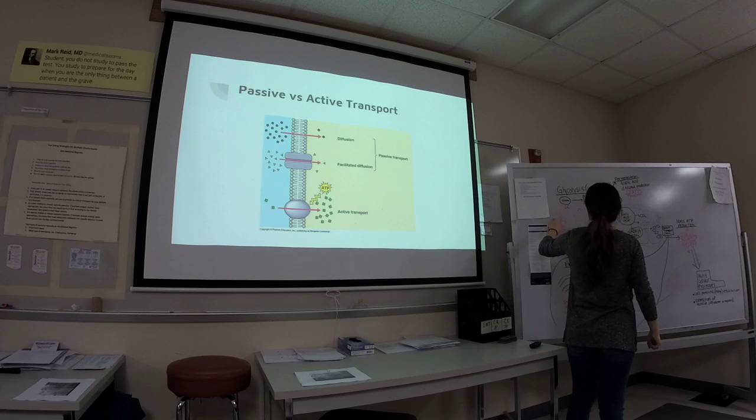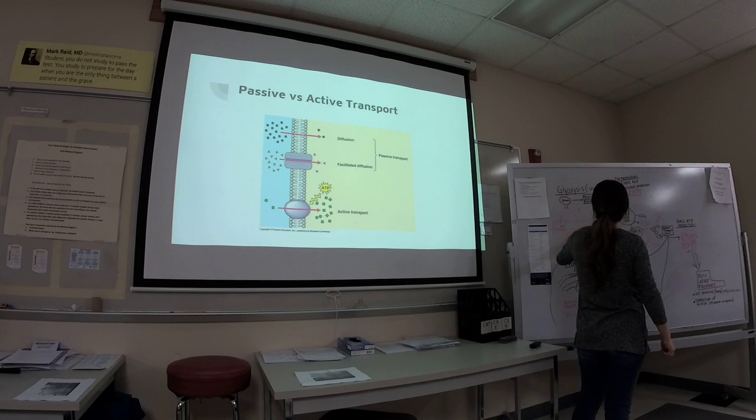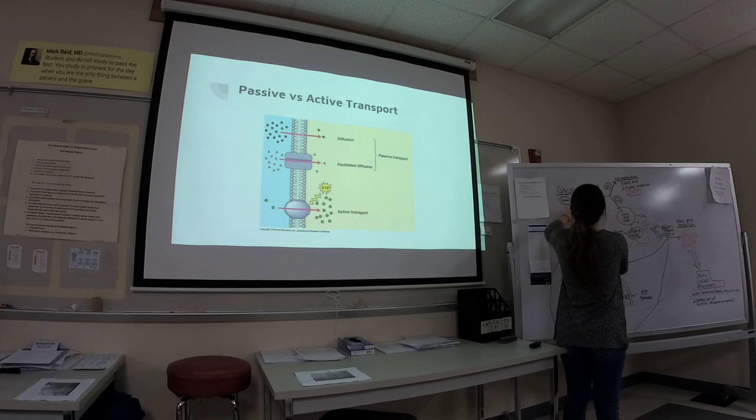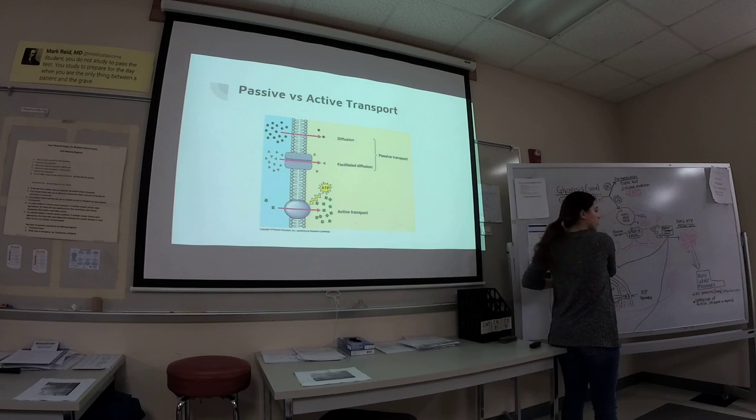It cannot pass through without a protein, because if it tries to pass through the membrane when it's negative here, it's not going to want to go in because it's going to repel it. So then we use a protein that has a positive inside, so that the negative molecule will be attracted to it and go through. Does that make sense?